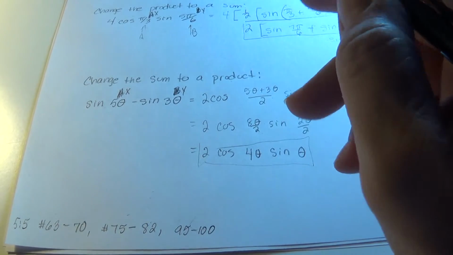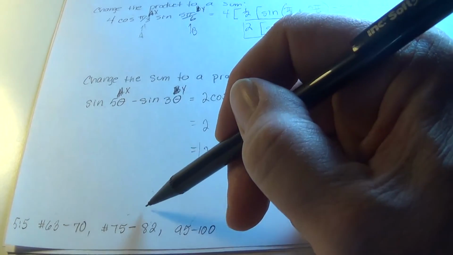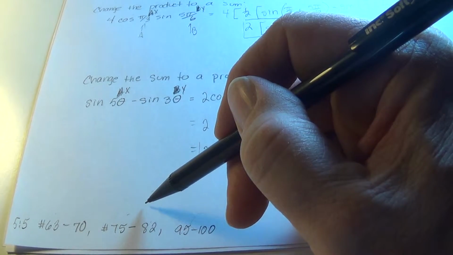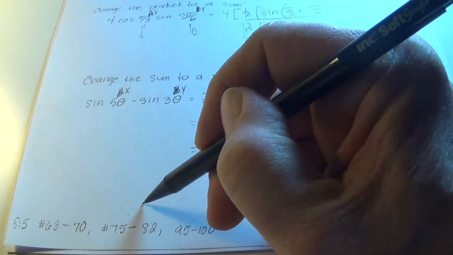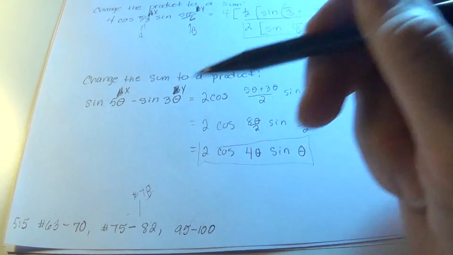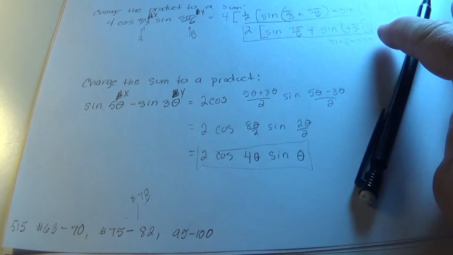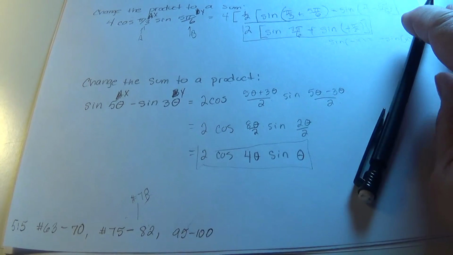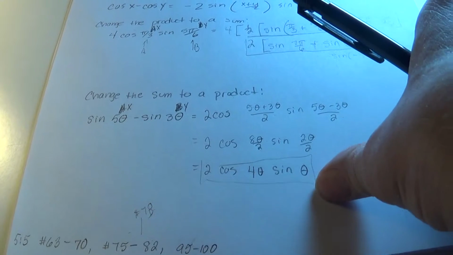To catch up to be right where we are, you would go to about number 78. And I'll give you some of the answer keys so you can see if you're working along the right way.